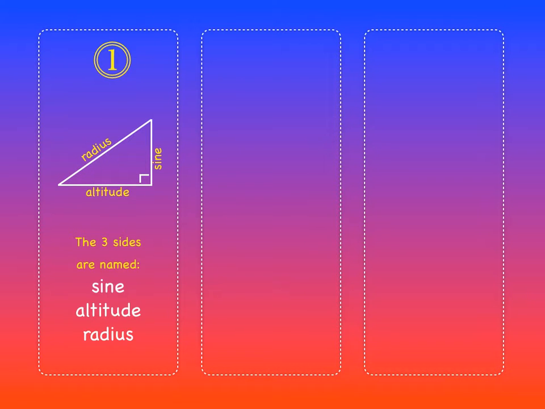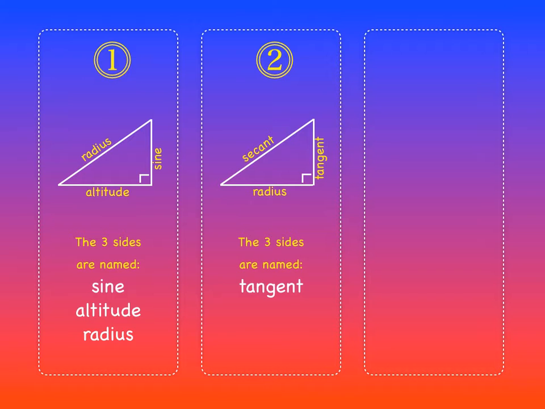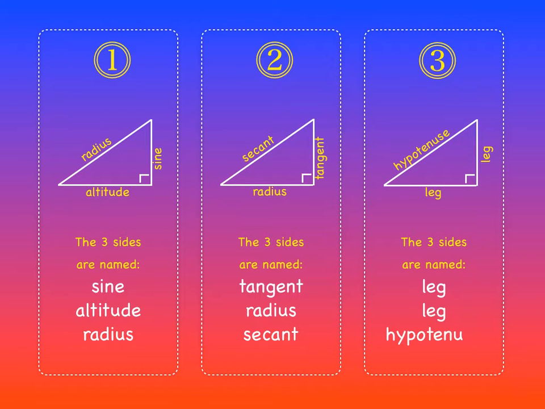Now let's review three different ways. We can call the three sides sine, altitude, radius, or tangent, radius, secant, or leg, leg, hypotenuse.